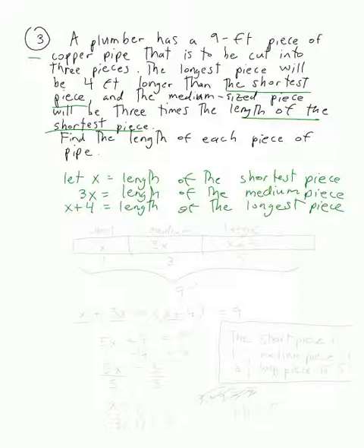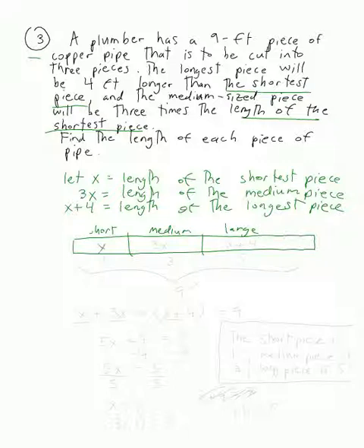Alright, we are ready to write down an equation. We haven't used yet that it's a 9-foot piece of pipe, right? Let's go ahead and draw a picture since it might help us. This is our shortest. This is our medium. And this is our large piece.